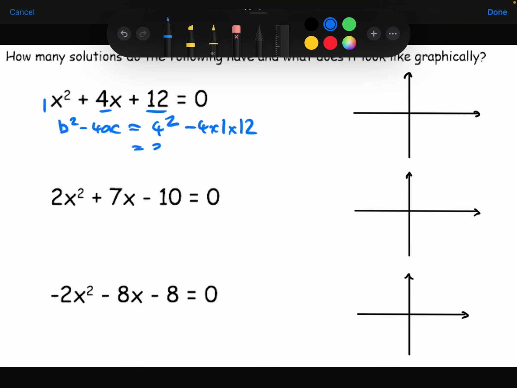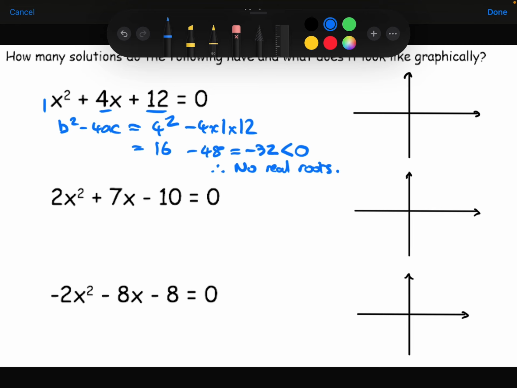So 4 squared is 16. 4 times 1 times 12 is 48. And 16 minus 48 is minus 32. So the discriminant is negative, it's less than 0. Therefore, there are no real roots, which means I know that this equation has no solutions.